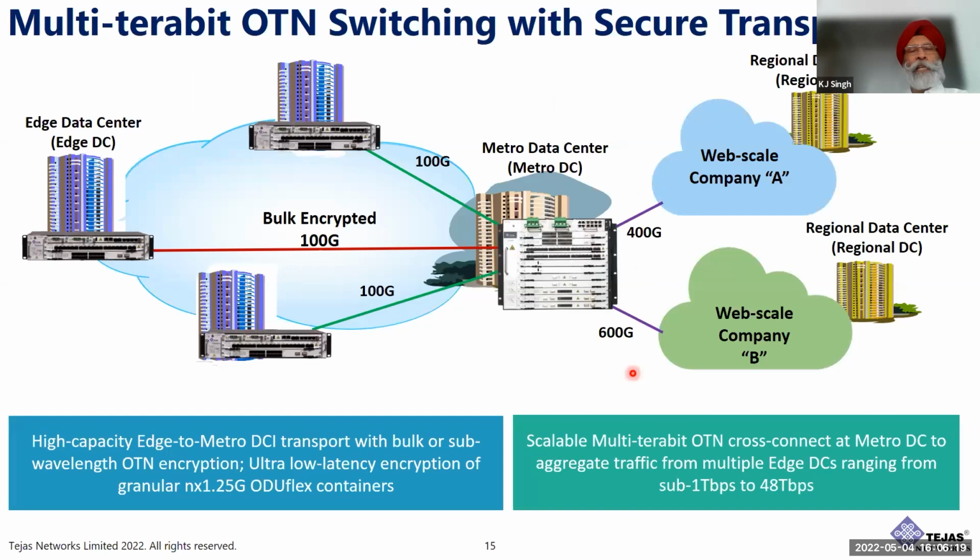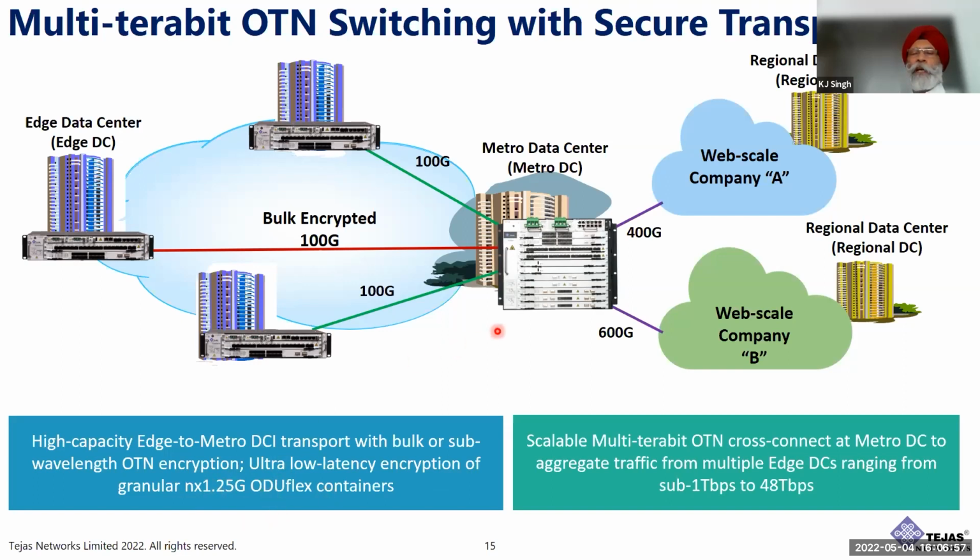So we'll first start with the data center interconnect, where you have multiple data centers, and you are trying to interconnect them. Typically, you do that over 100 gig, or now with higher speed interfaces being available, 100 gig, 600 gig. So what's important in this is to do low latency and to provide granularity of service.